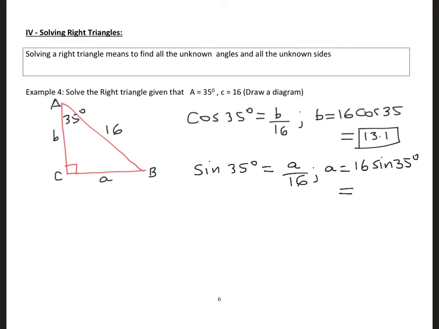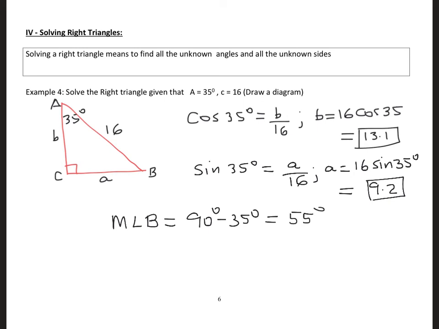Then I put that in the calculator, and I get 9.2. So I got all the sides worked out. Let's find the measure of angle B. It is just going to be 90 minus 35, which gives me 55. And now we are done solving our triangle, and I highlighted my answers.